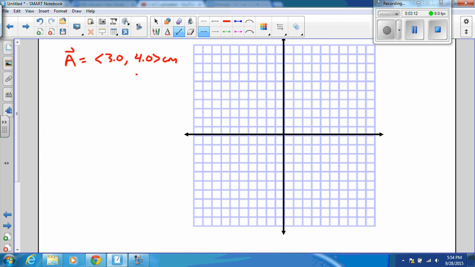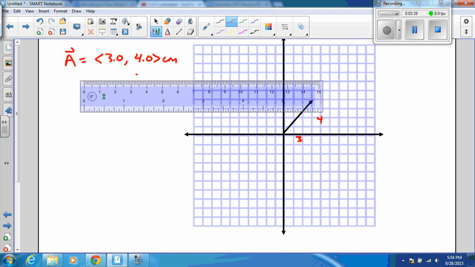And so if I go over to here and go over 4 and up 3, like that, then I get to this vector right here. Excuse me, over 3 and up 4. I completely said that wrong. It should be over 3 and up 4 because our components are 3, just like that.